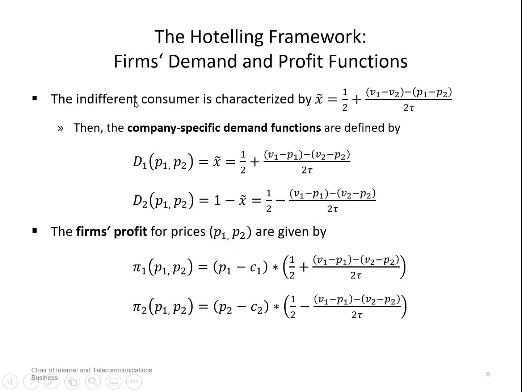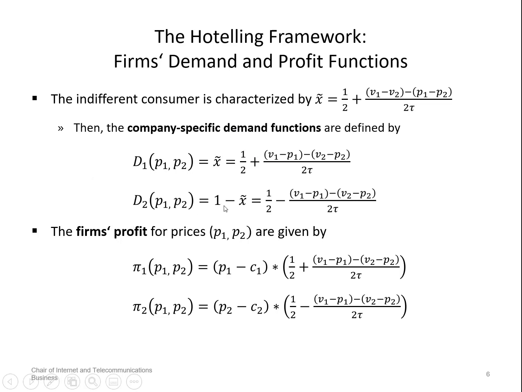Next, given the demand, the indifferent consumer is located at x tilde. The demand for firm 1, located at 0, is d1, given by x tilde, which is this expression. Here we don't use the assumption of v1 equal to v2, and we allow v1 and v2 to be different.